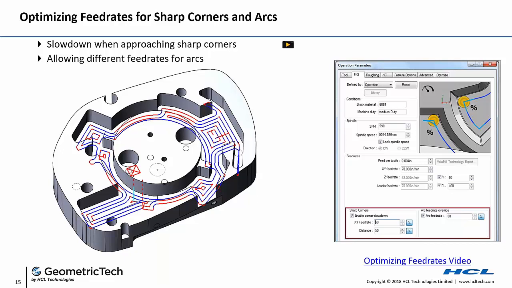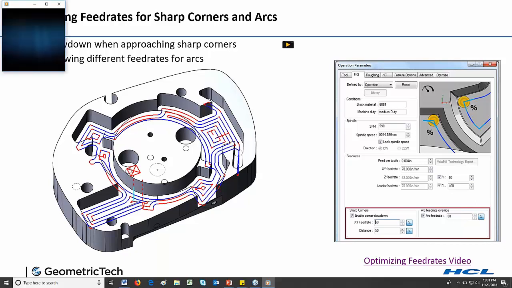And you also notice the arc feed rate override as well. So you can also control the feed rate for arcs if you want to slow those down, for example, and in my slide, it's showing an 80% reduction in the feed rate as it does arcs. So there's also more capabilities there.